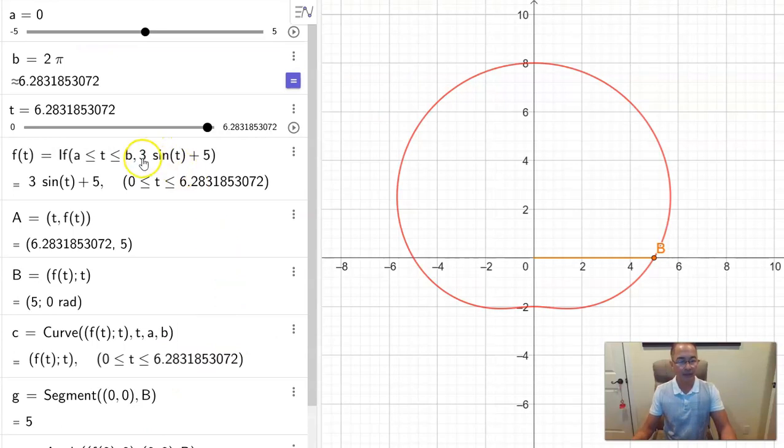So there we are. I have changed it to 3 sine t plus 5. And there is no inner loop this time. And you can see why it's called a dimpled limaçon. It's like you have a balloon and you kind of push it over here and form a dimple, like when you smile and there's a dimple on your cheek.